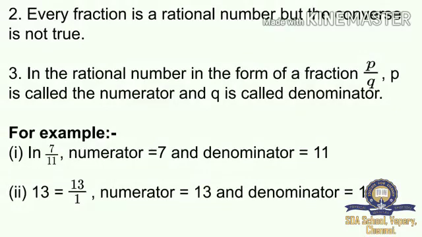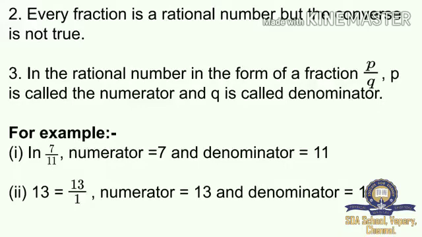And number 2, every integer is a rational number, but the converse is not true, right? And number 3, the rational number in the form of a fraction p divided by q. Always the rational number will be in the form of p divided by q, okay?